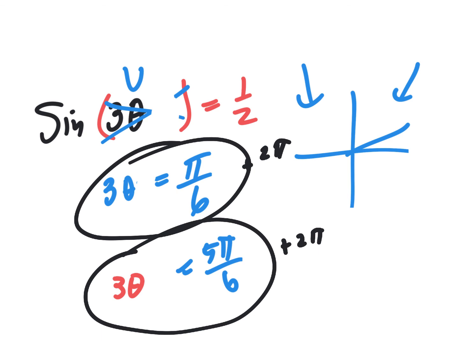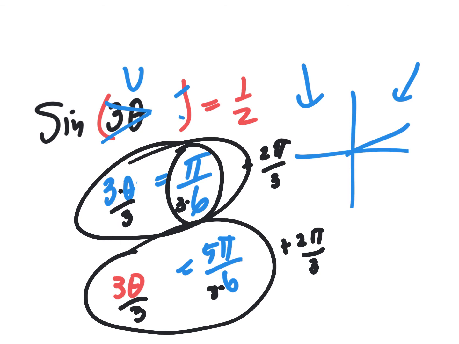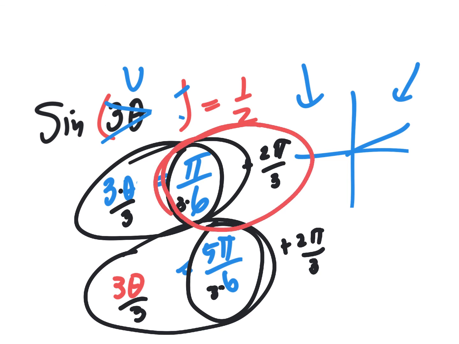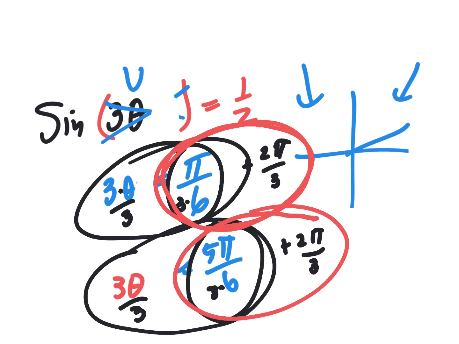But since there's a times 3 here, once I go through and multiply everything by 1/3, this also gets multiplied by 1/3. And so my first answer would have been pi over 18. Second answer, 5 pi over 18. Third answer, I'd take this one and add 2 pi over 3 to it. And for my fourth answer, I would add 2 pi over 3 again.